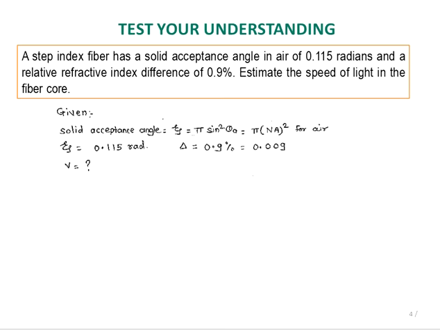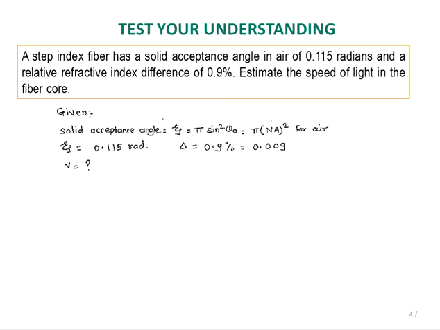So the solid acceptance angle is pi sine square theta A. Now since it is in the air, n0 equal to 1, so sine square theta A is nothing but numerical aperture square. So from that we can find the numerical aperture. But what we need to find is the speed of light in the fiber core.